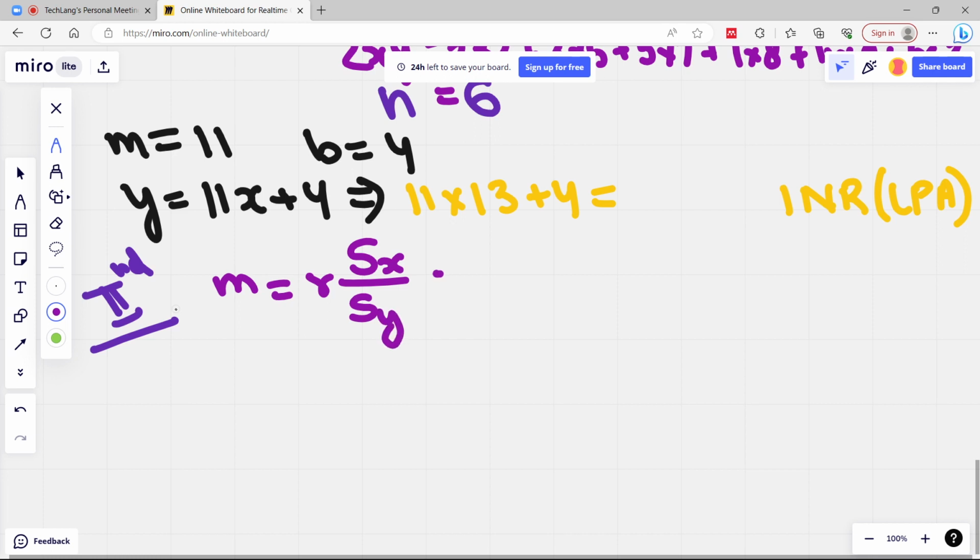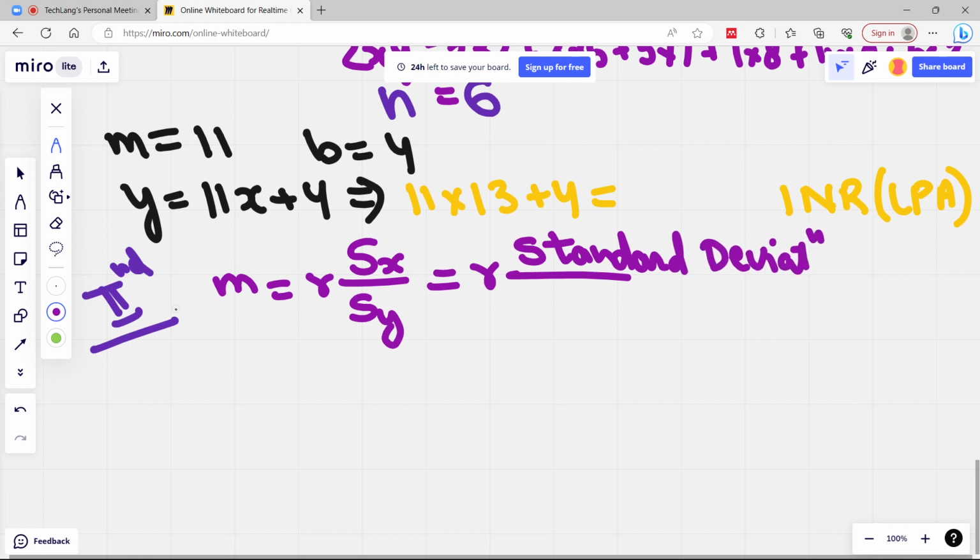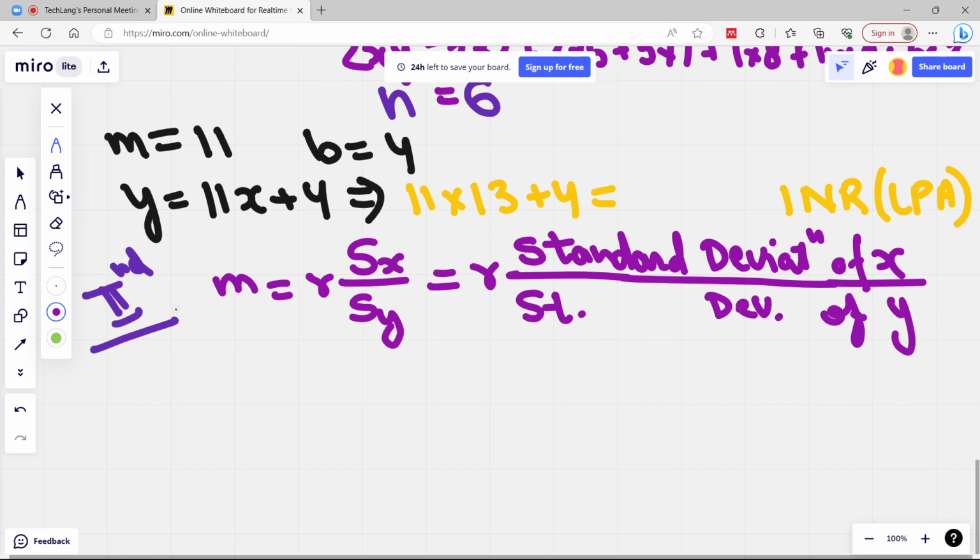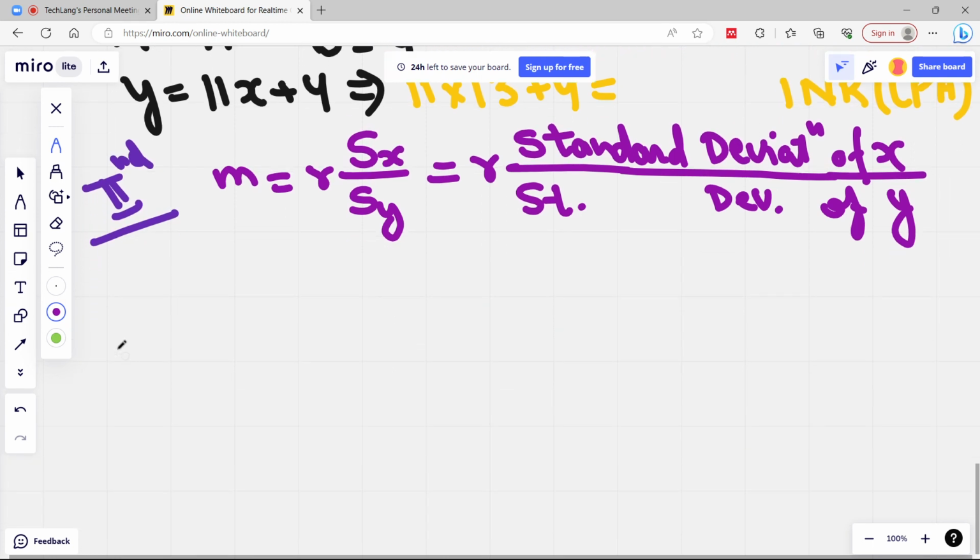So what is x and what is y? R times the standard deviation of x divided by the standard deviation of y. In the numerator and denominator, we can put all these values.